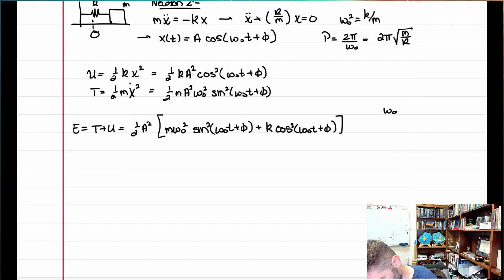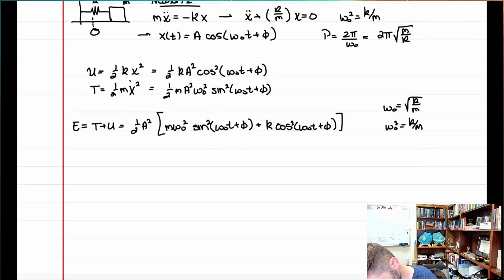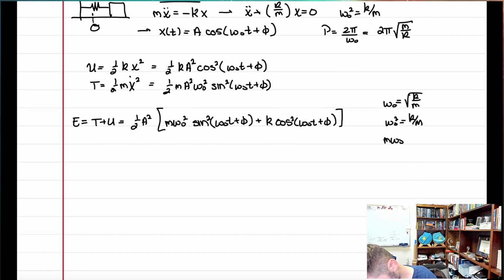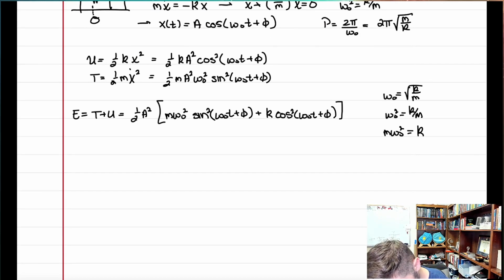Though, remember that omega naught in this case we said was the square root of k over m. So omega naught squared is k over m without the square root, or m omega naught squared is the same thing as k. Aha. So both those terms have the same constant out front. Let me write them both as k, and then I can pull the k out.